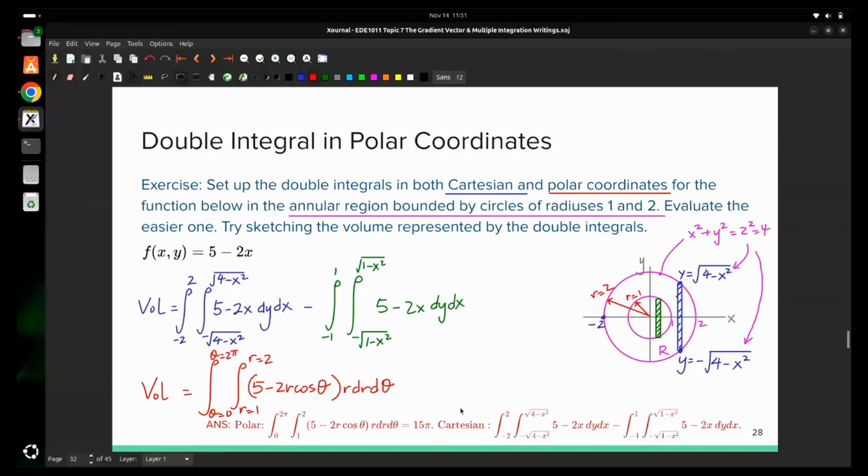Is that alright? Because you go one complete round, so it's the full circle. If let's say it's just the upper annulus, then you'll be 0 to pi. But this one you must sweep one complete round to cover the full annulus.